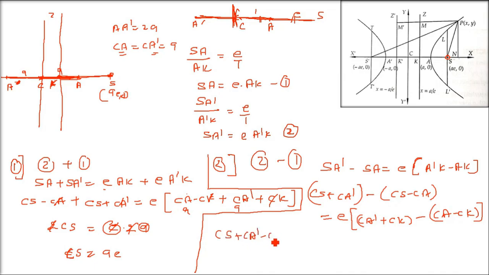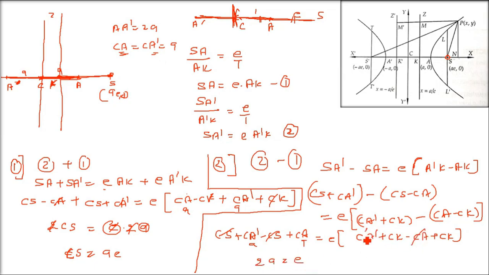CS plus CA dash minus CS plus CA equals e times CA dash plus CK minus CA plus CK. CS gets cancelled. CA dash is a, CA is a, it's 2a. CA and CA dash both are a. You take them as 2a.